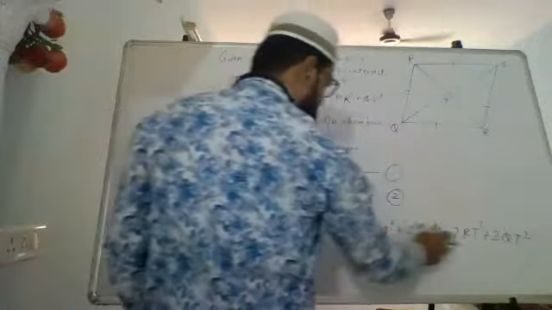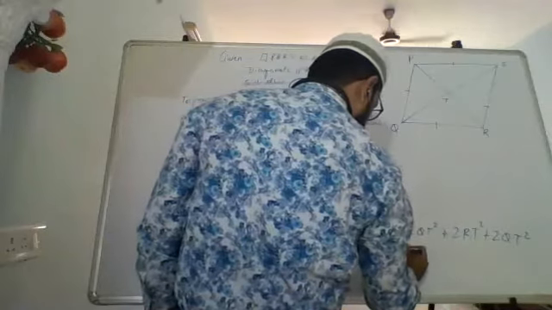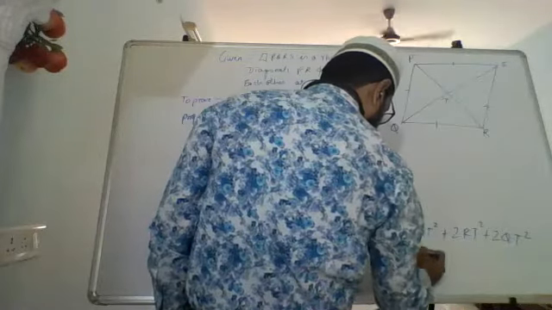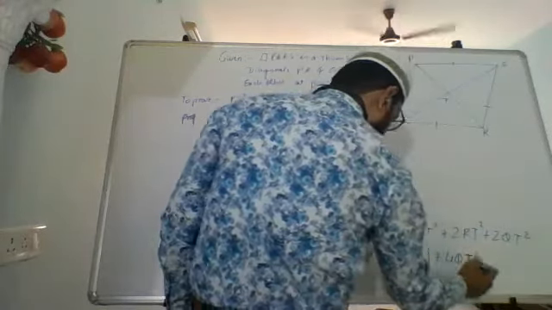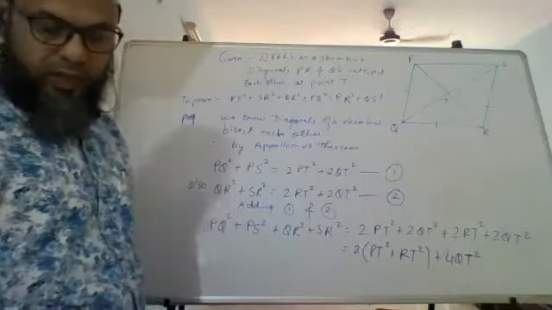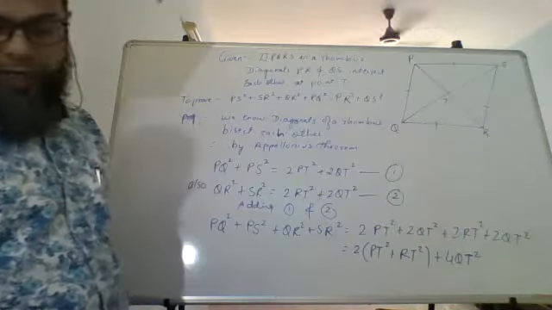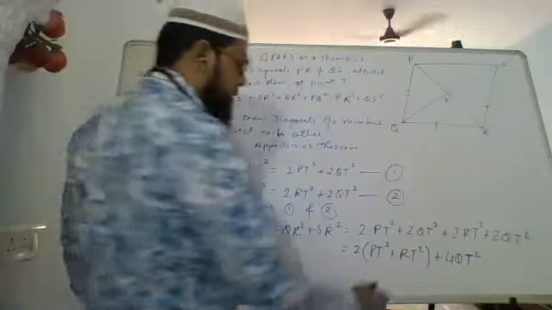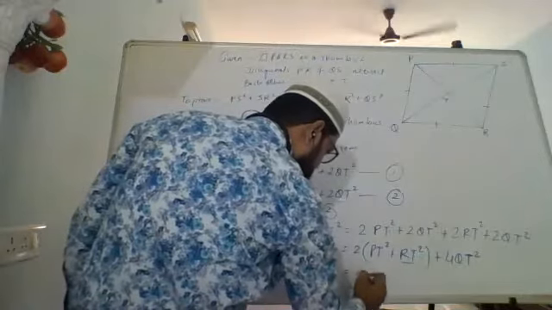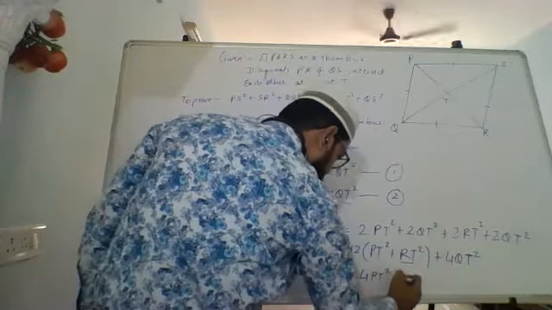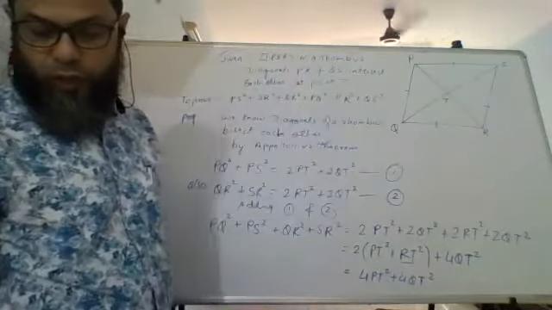Now, PT square and RT square are the same because PT is the same as RT. So this will become 4 PT square plus 4 QT square.